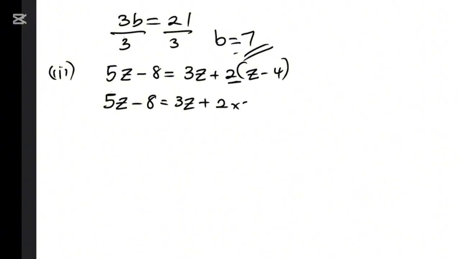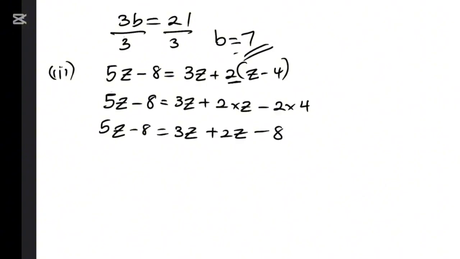That's 2 times z minus 2 times 4. So we have 5z minus 8 equals 3z plus 2z minus 8, since 2 times 4 is 8. Now these 3z and 2z are like terms. All these numbers are called terms.